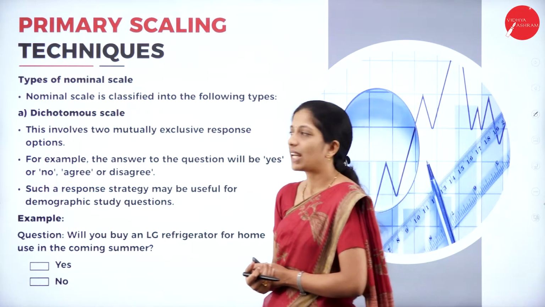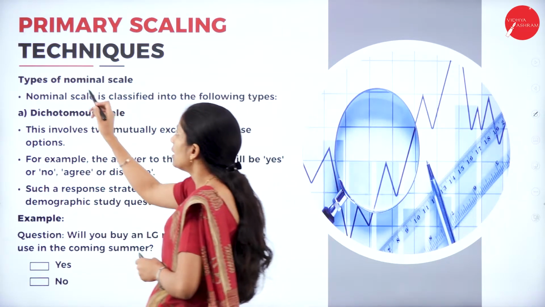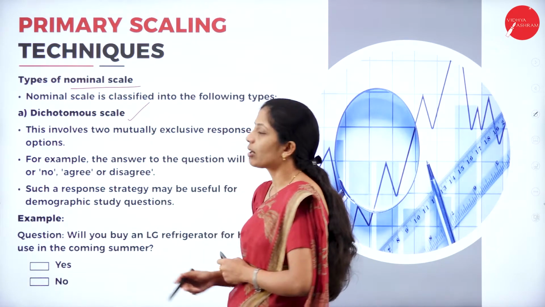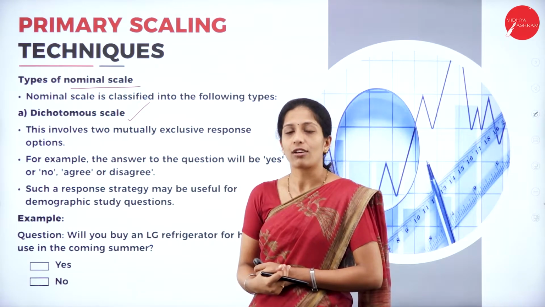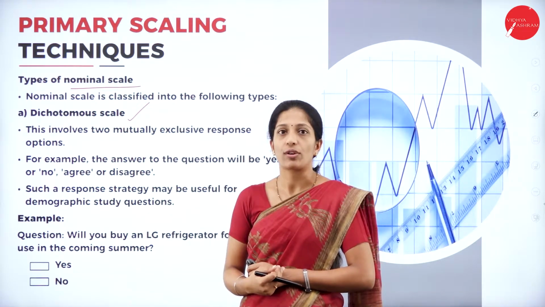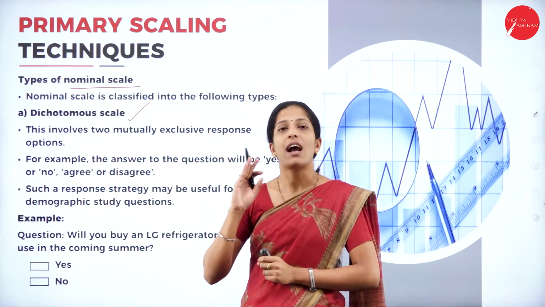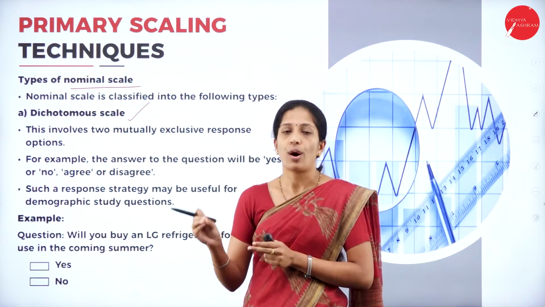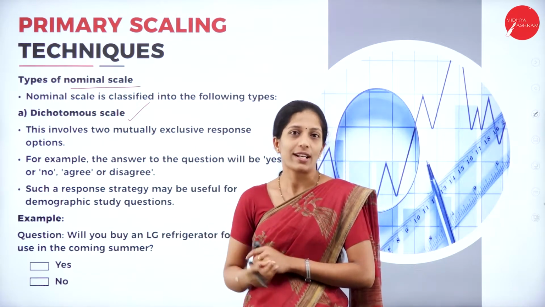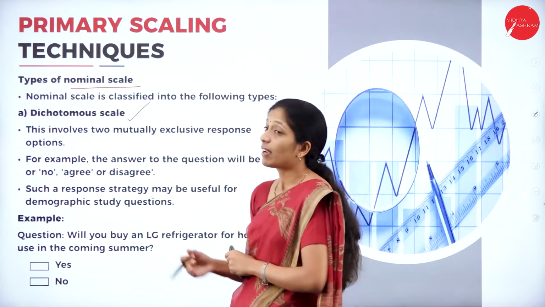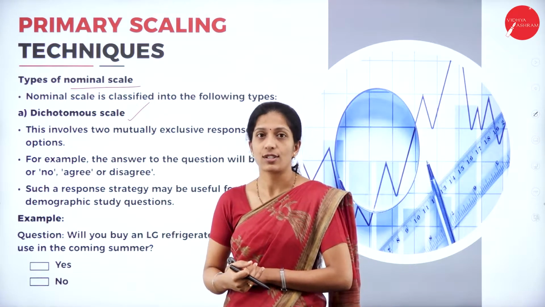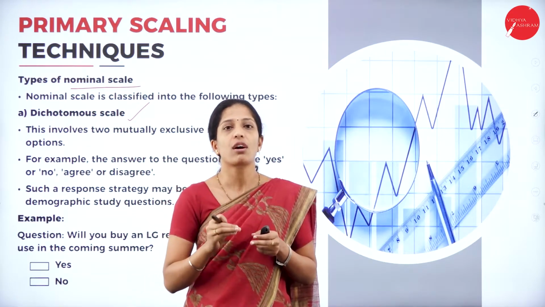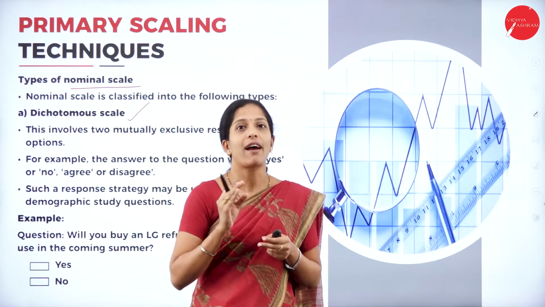Now under nominal scale we have various types. The first one is the dichotomous scale. What do we mean by dichotomous? I have already discussed it. Dichotomous means you will have only two options, either agree or disagree, yes or no, from which the respondents have to answer. If it is multi-dichotomous, the respondents will have a number of options from which to select.